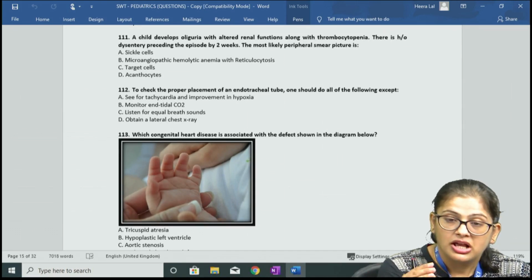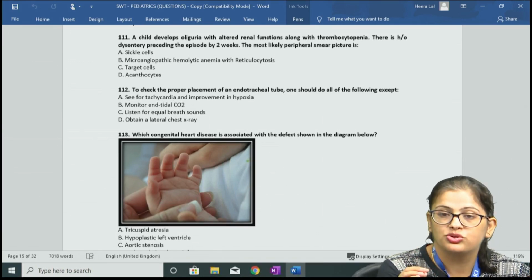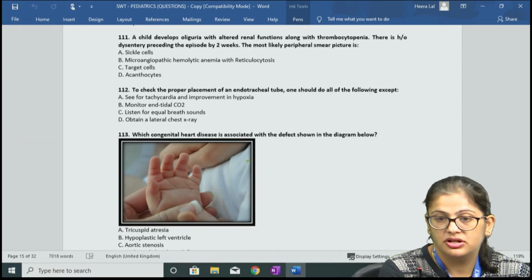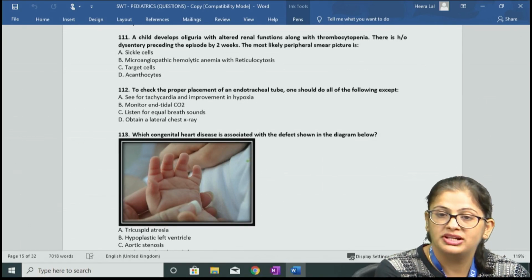Similarly, clinically, the breath sounds can be heard over the lung fields, whether they are equal or not. Sometimes, because the right bronchus is in line with the trachea, the endotracheal tube goes more into the right side, ventilates the right side, and does not ventilate the left side.